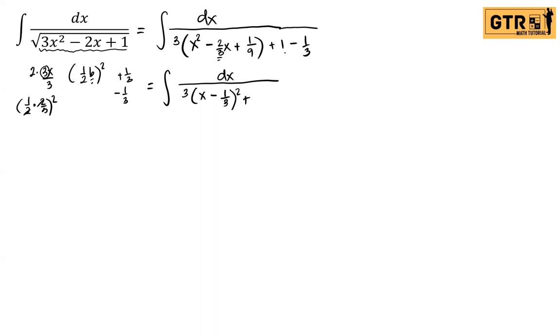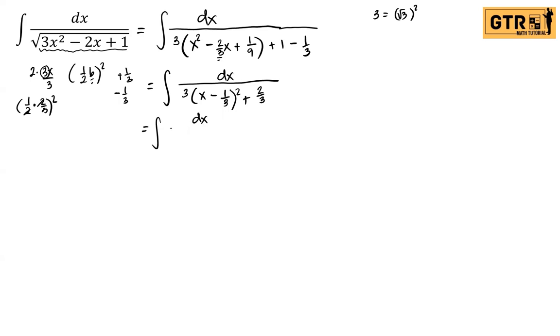And then plus 1 minus 1/3. 1 can be written as 3 over 3, so 3 over 3 minus 1/3 is 2/3. Okay, so we express this as u squared. The square root of 3 can be written as square root of 3 squared, so that we can write it with an exponent of 2.